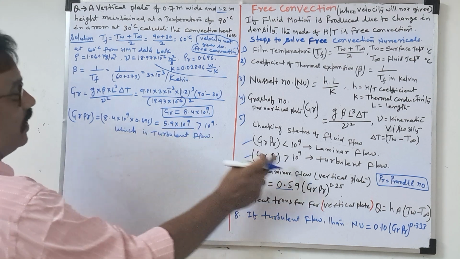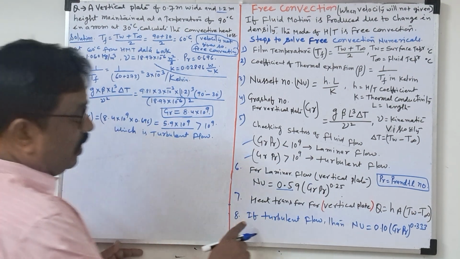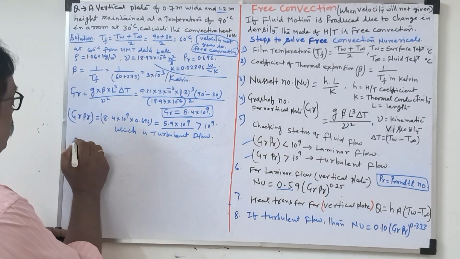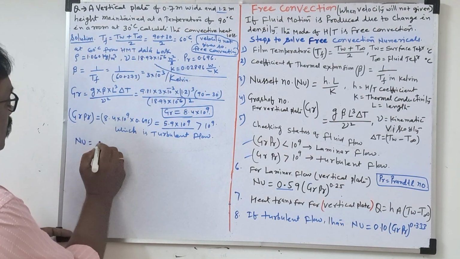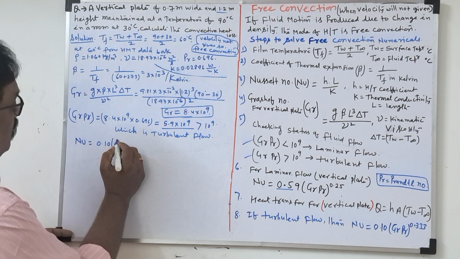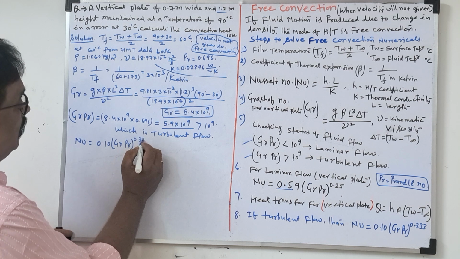Because this is greater, it is turbulent flow, so now we have to see the Nusselt number for turbulent flow. For turbulent flow, Nu is equal to 0.10 into (Gr Pr) power 0.333.